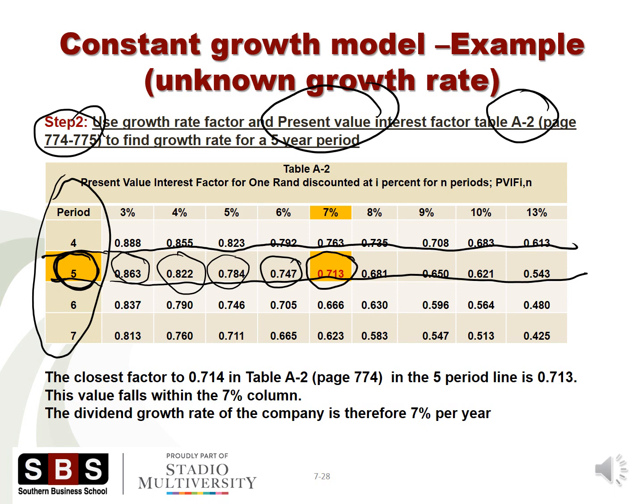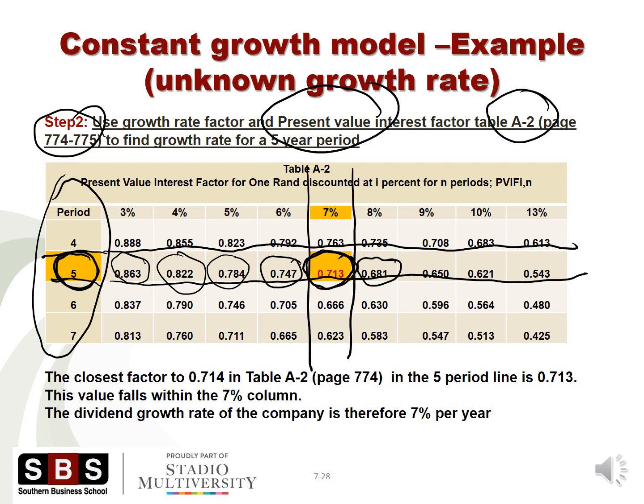We are looking for 0.714. The next value is 0.681. So the value closest to 0.714 in this table is 0.713. And 0.713 in the period line 5 falls in this column.